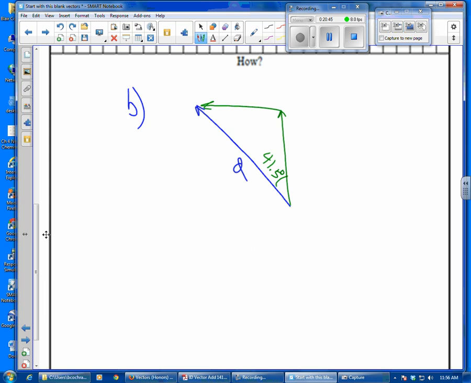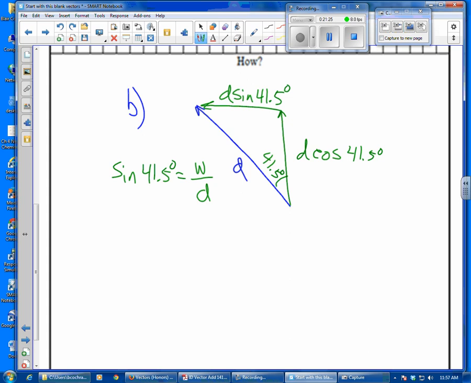The adjacent one. Cosine. So this side is D cosine 41.5 degrees. And the opposite side is going to be D sine 41.5 degrees. I got those from sine of 41.5 degrees equals opposite, call it west, over hypotenuse, which is D, and just rearranged it like we did in question 1 or question 2, first one we did today.